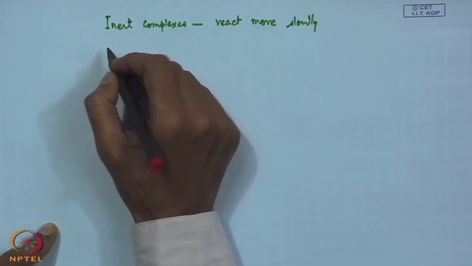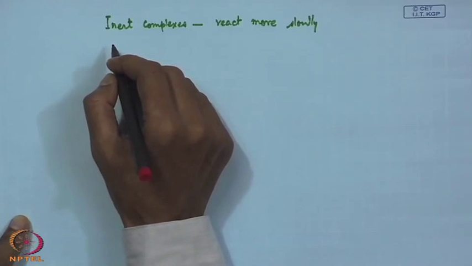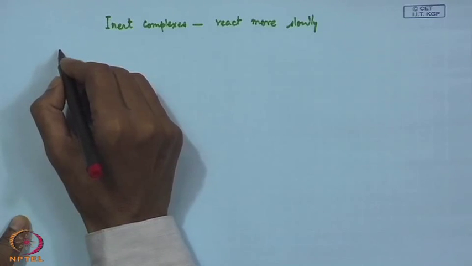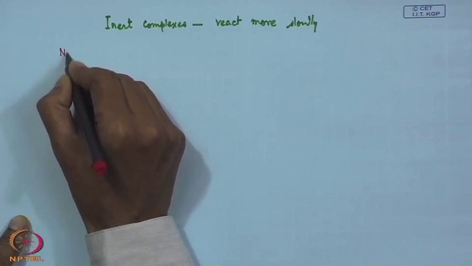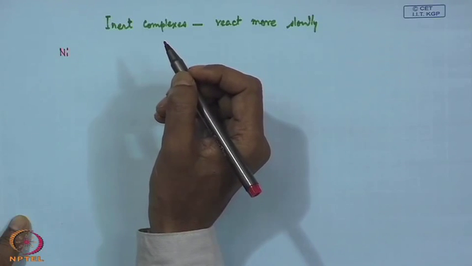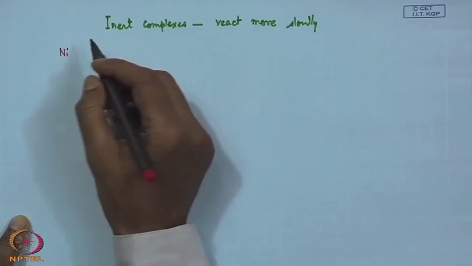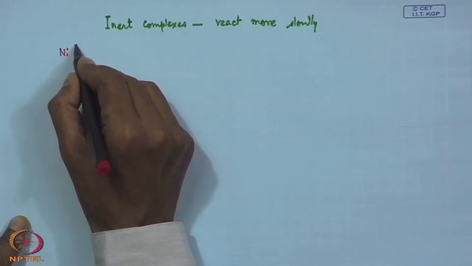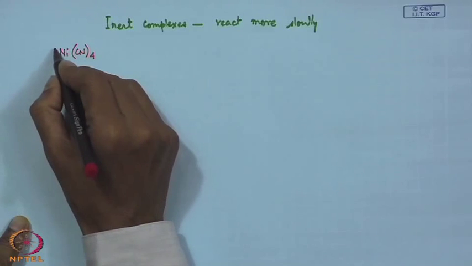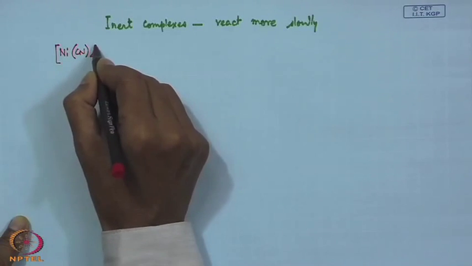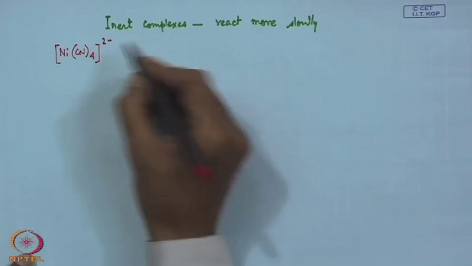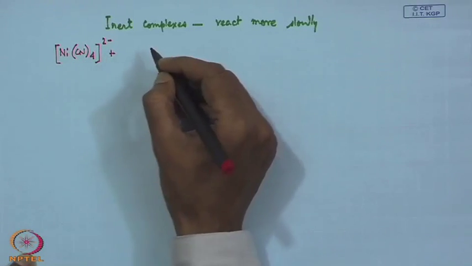So, apart from the corresponding stability in terms of the thermodynamic term, we have the 3d8 configuration in square planar geometry, such as tetracyanonickelate, potassium tetracyanonickelate or ammonium tetracyanonickelate.